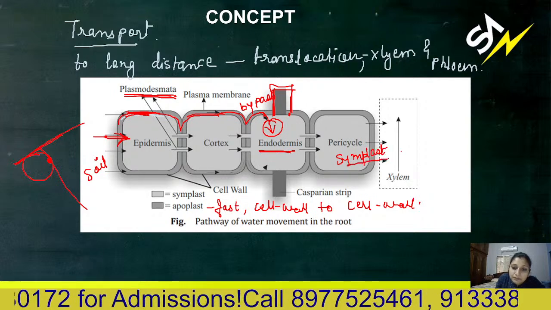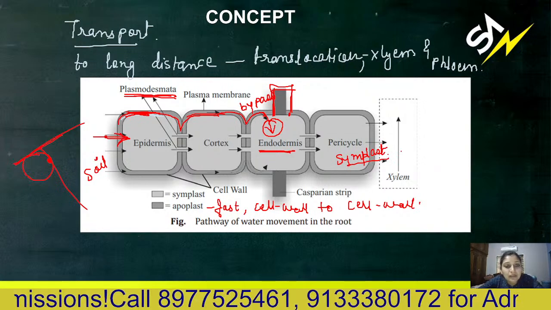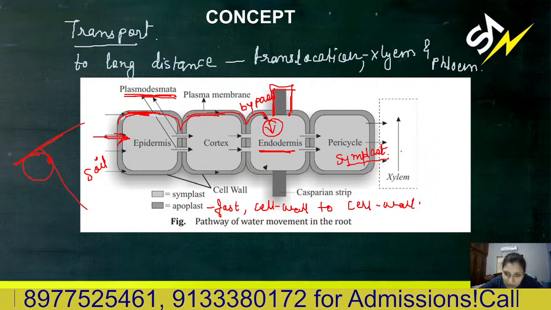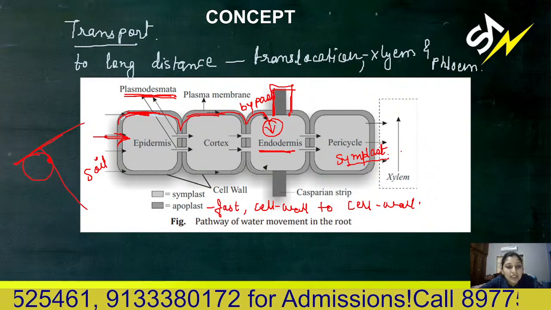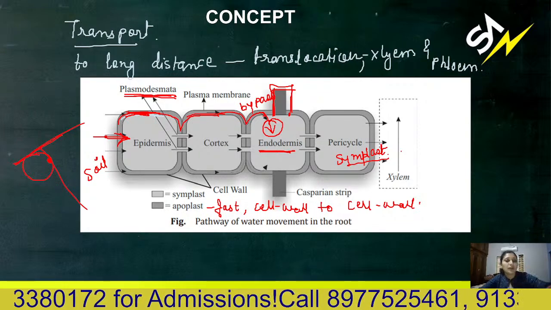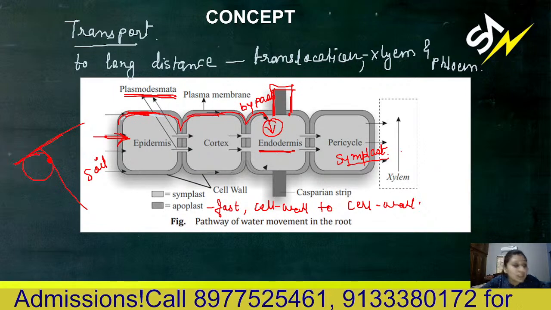Yes, everyone, is that clear? So always remember, the slow one is symplast, the final one is also symplast, and the fast one is apoplast. You can use the fast one till the endodermis, till the Casparian strips.